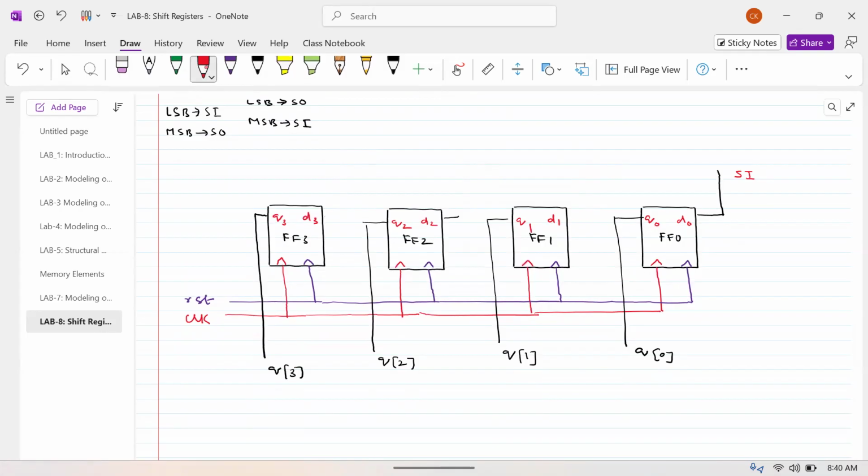Next, one point you have to remember here. Whenever you are writing the structural modeling, we are using the same type of flip-flop, right? Therefore it is not necessary to denote something like this.